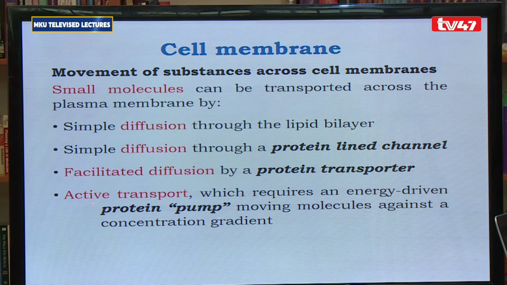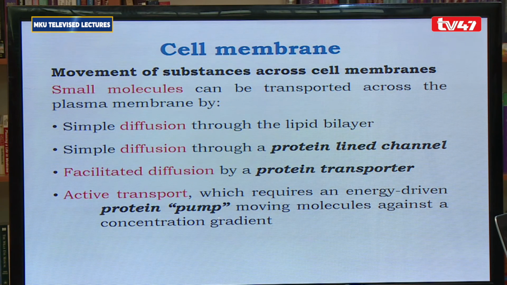Then we have also what you call active transport. Active transport is where substances are pumped across, going opposite to diffusion. Diffusion is movement from high concentration to low concentration. So when you're moving from low concentration to high concentration, or against what we call the concentration gradient, you need some energy to push the substance across.